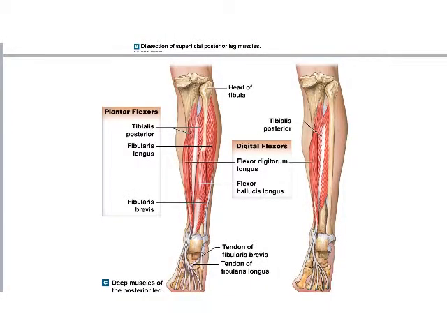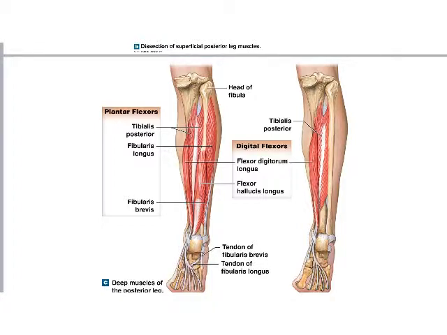All right, if we went even deeper, so we really have three levels here posteriorly on the lower leg. Superficial was gastrocnemius, intermediate was soleus and plantaris and popliteus. And as we remove those and go deeper, we're going to find a few more muscles that are also involved with plantar flexion.